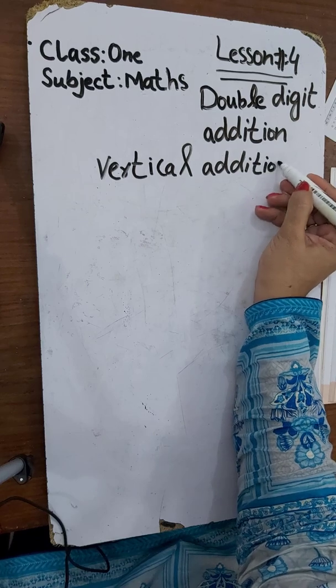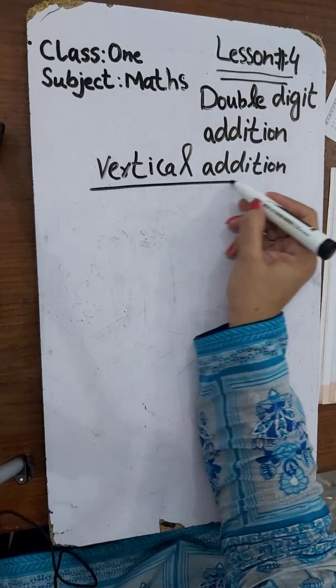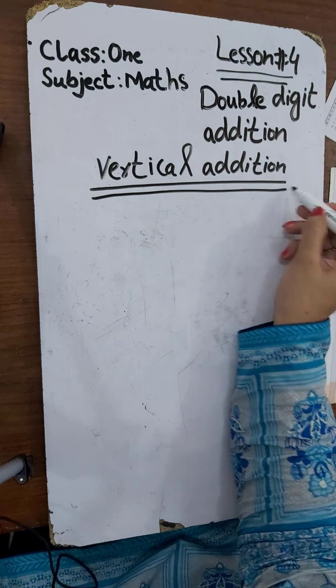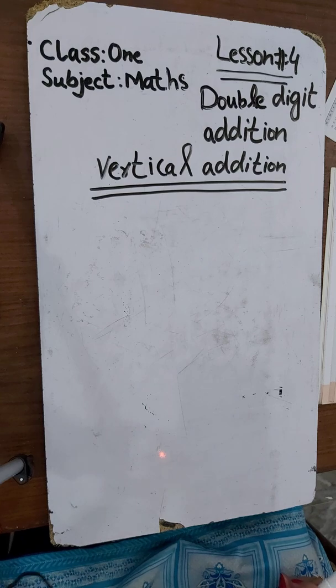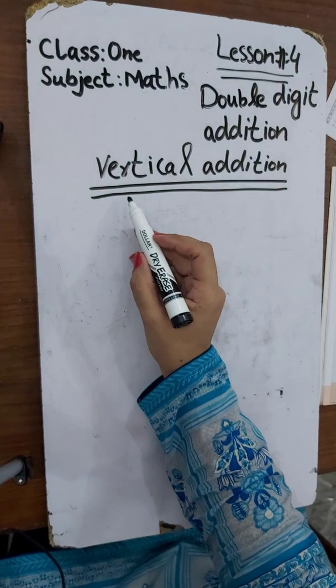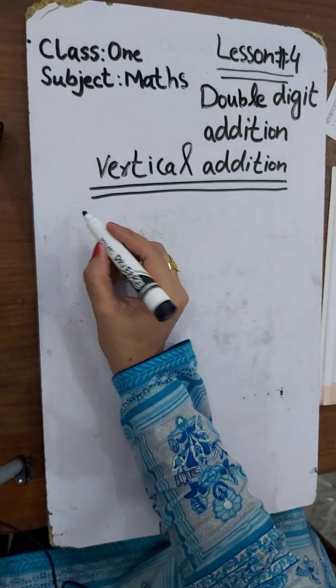I already told you that to write numbers in vertical addition, we should know about ones and tens, and now you clearly know about ones and tens. So let's start our vertical addition.